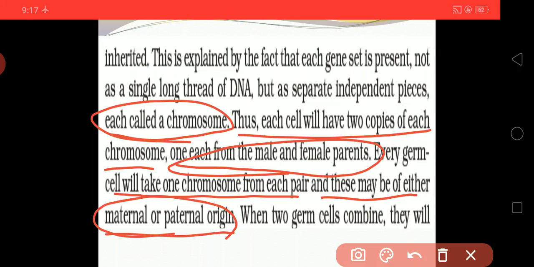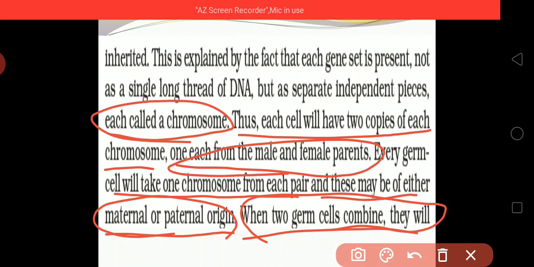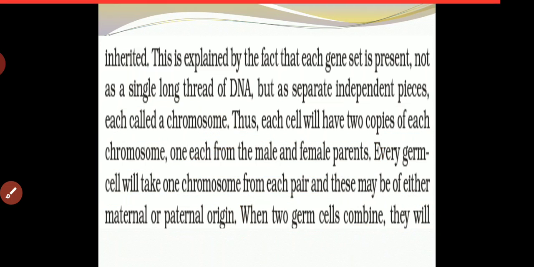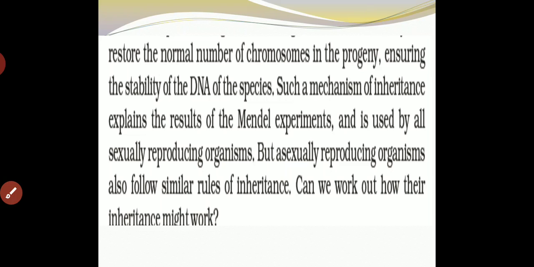When two germ cells combine, they restore the normal number of chromosomes in the progeny, ensuring the stability of the DNA of a species. Such a mechanism of inheritance explains the result of Mendel's experiment, and is used by all sexually reproducing organisms. One set comes from the father and another from the mother.